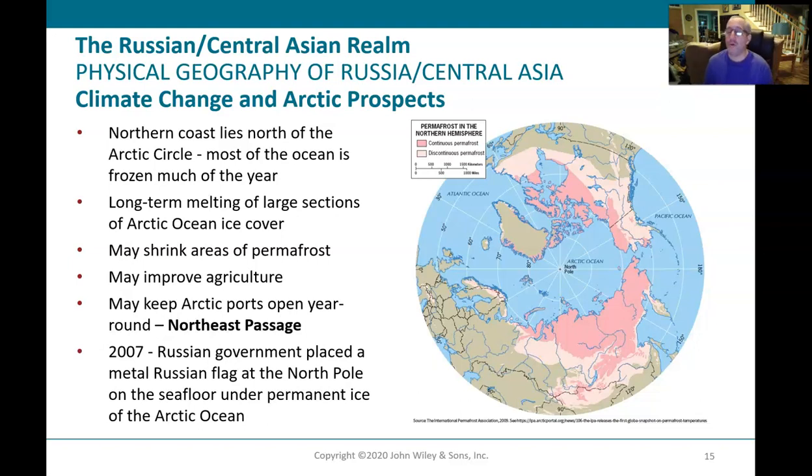On top of that, what we're finding is there are vast amounts of methane stored in this permafrost. And as it's melting, it is accelerating the greenhouse gases going into the atmosphere.